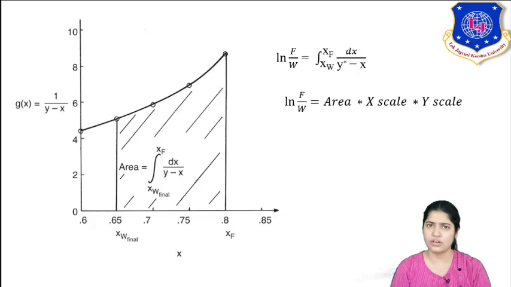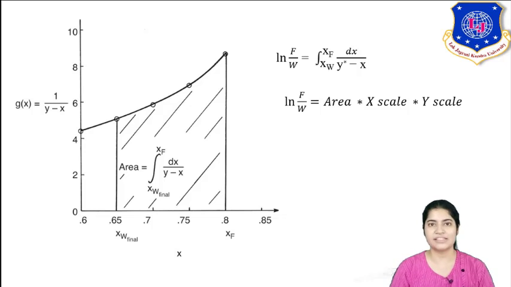So how you can solve it in the exam? Okay, ln of F upon W. Suppose your F value is given, W value is also given. When I apply the natural logarithm of this ratio, I will get the LHS term. Now, if we have to find the area, this is the formula which you have to remember by heart, that ln of F upon W is equal to area into x scale into y scale.